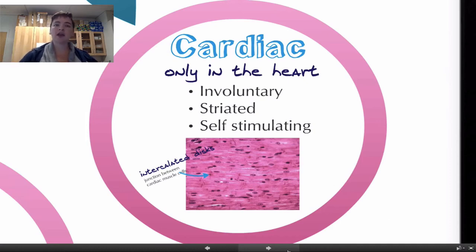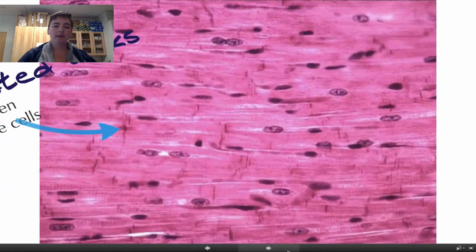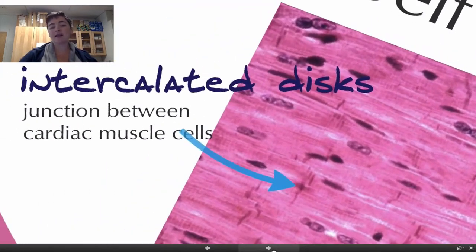But it is also striated, much like skeletal muscle. One difference that you can see between cardiac and skeletal is these small dark lines. The small dark lines are called intercalated discs, and those are the junction that are found between cardiac muscle cells.